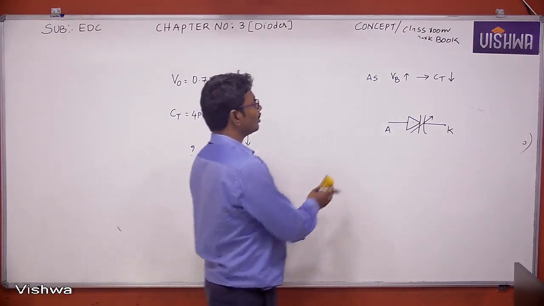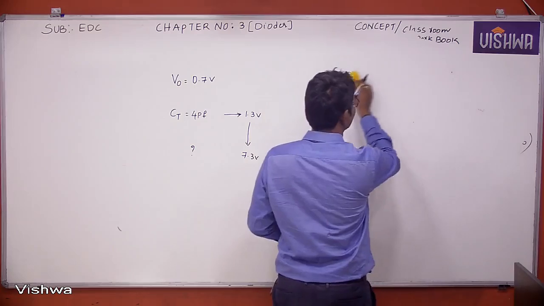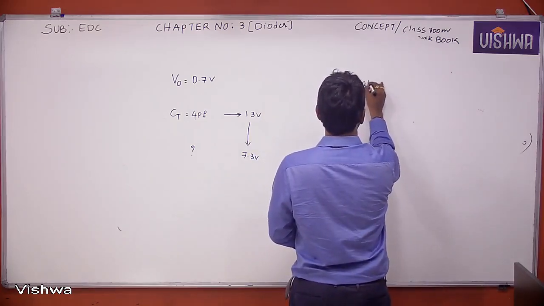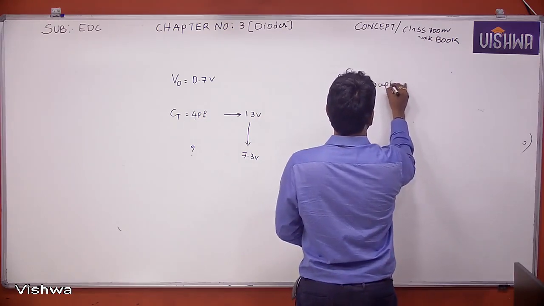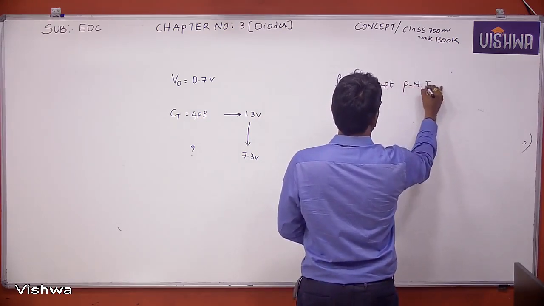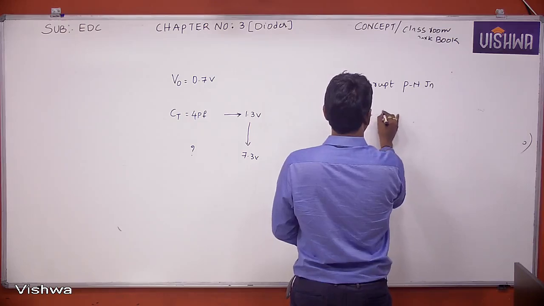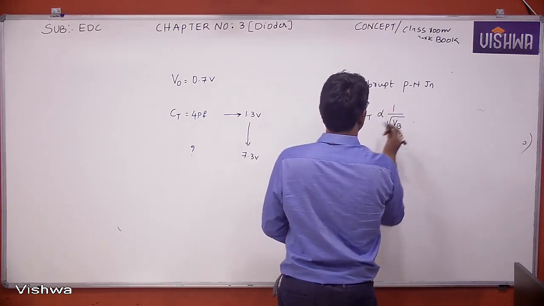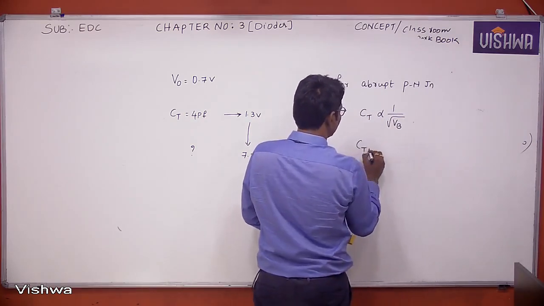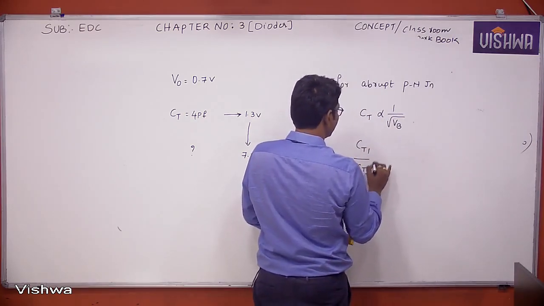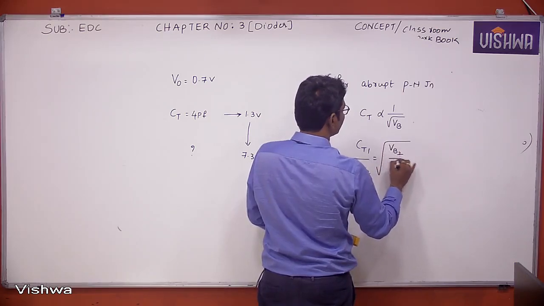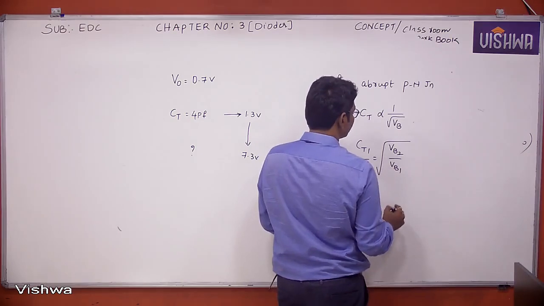The given PN junction is abrupt. In case of abrupt PN junction, the relation is CT is inversely proportional to square root of VB. So CT1 by CT2 equals root of VB2 by VB1.